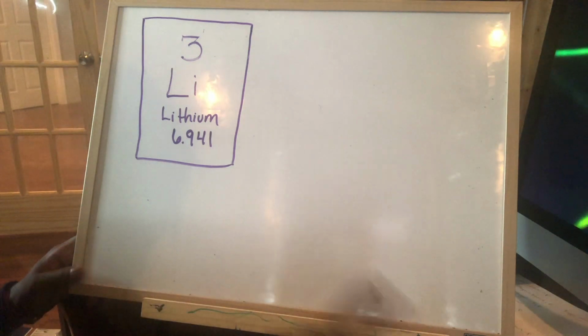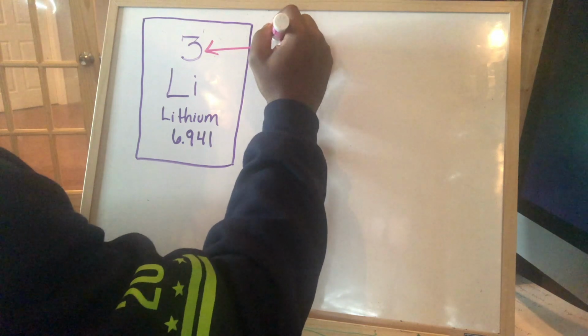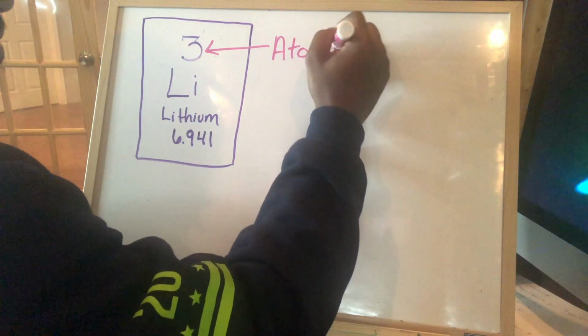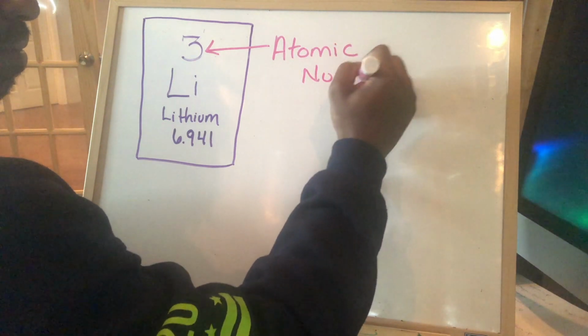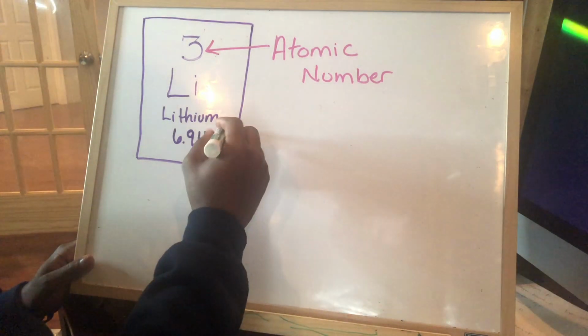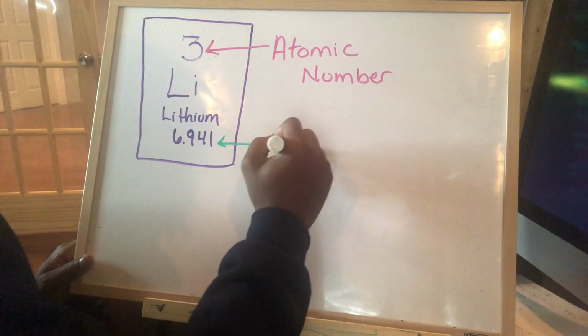Alright, so let's try this. Two things to remember: A, the top number, usually the smallest number, is the same as your atomic number. And B, the bottom number, usually the larger of the two numbers, is going to be your atomic mass.